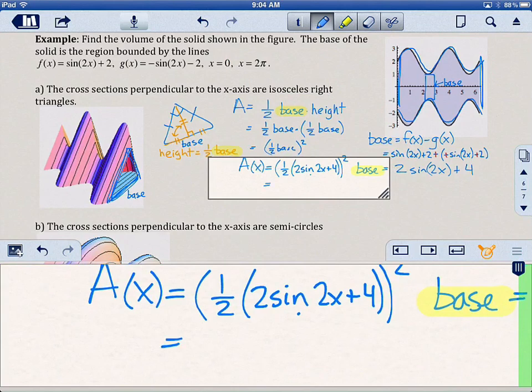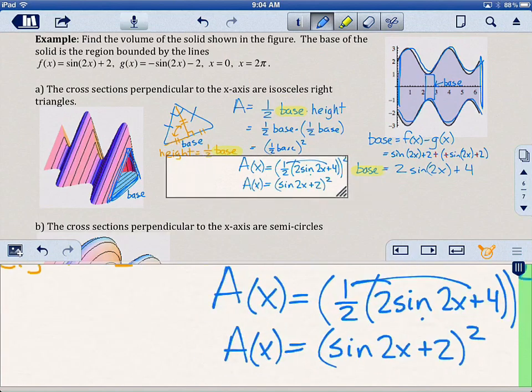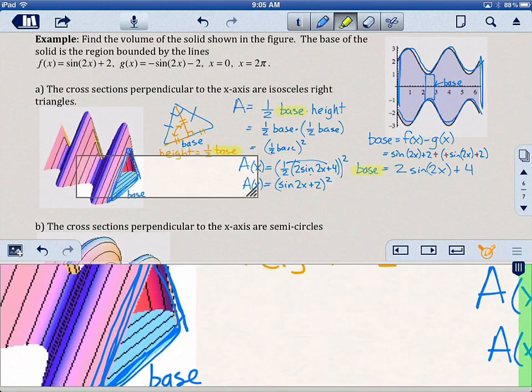And if we clean this up a little bit, we'll distribute the 1/2 in here. So we really have sine of 2x plus 2 squared. And that's the area of this face right here.